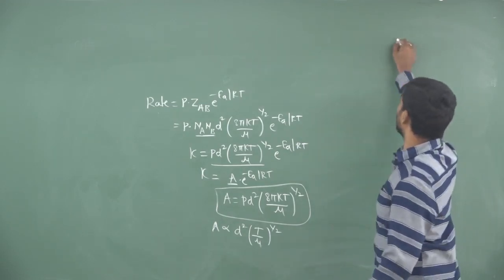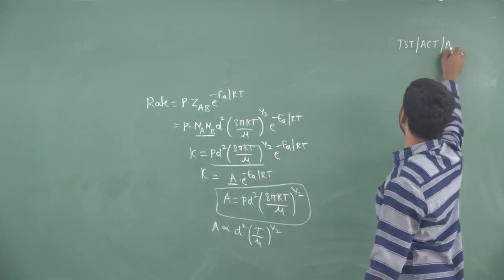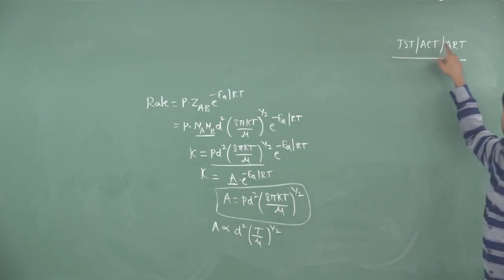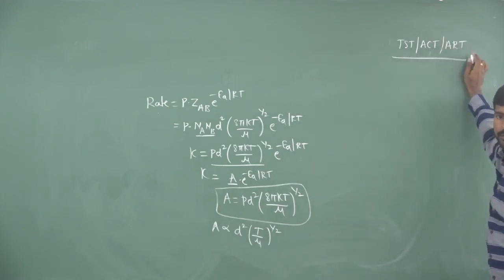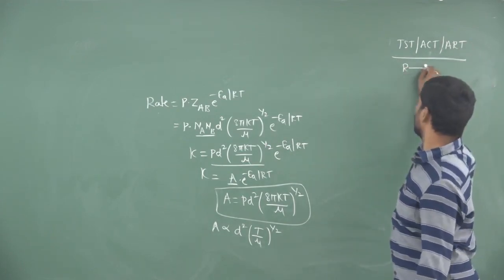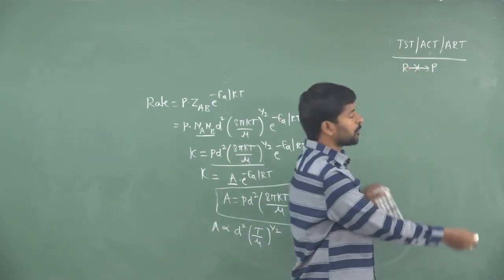And what about transition state theory, also called activated complex theory or absolute rate theory? According to that, reactants are not directly converted to products.